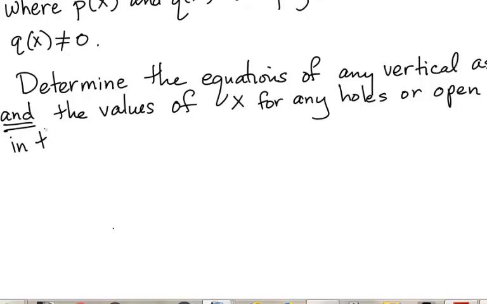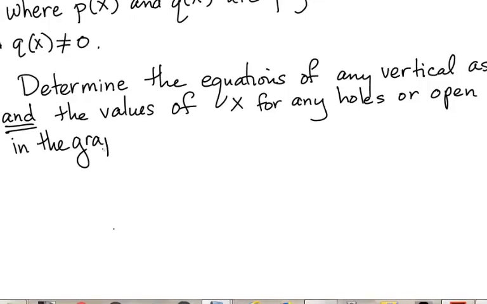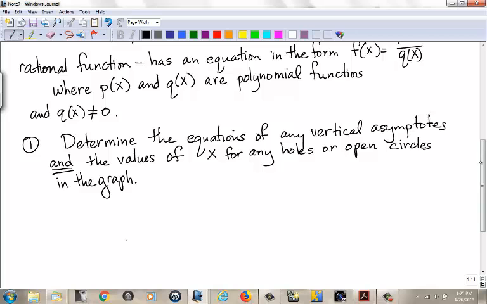And when they say any holes or open circles, that's where the rational function is undefined. You can't have division by 0.